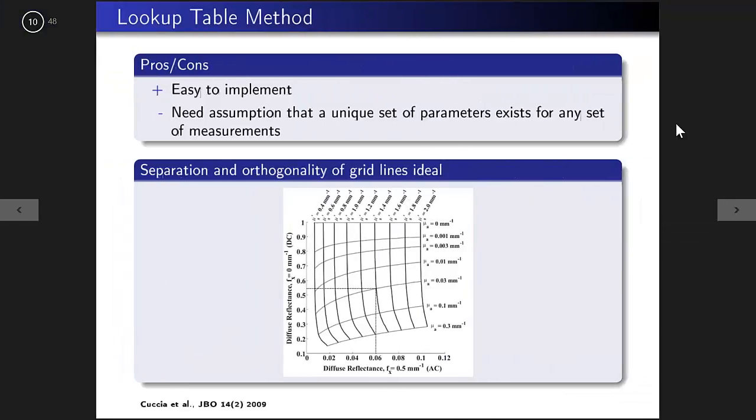I think I show it over here. As David showed, he had a spatial frequency of 0.5 inverse millimeters here, and on this side, measurements at spatial frequency equals 0. Along these lines are constant mu A, and along these lines are constant mu S prime.